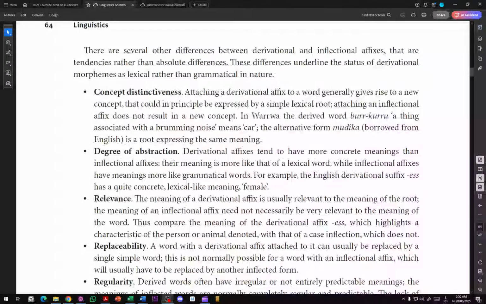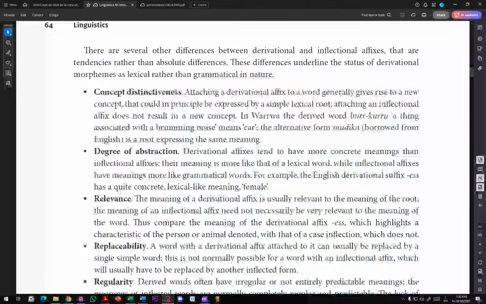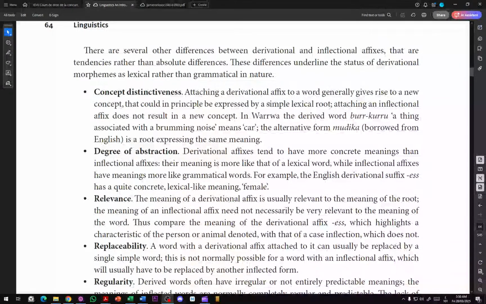First, concept distinctiveness. Attaching a derivational affix to a word generally gives rise to a new concept that could in principle be expressed by a simple lexical root. Attaching an inflectional affix does not result in a new concept.